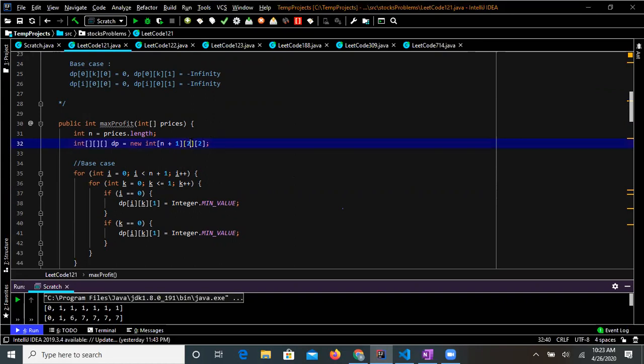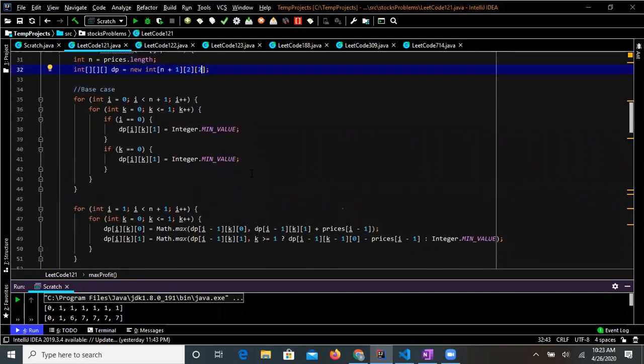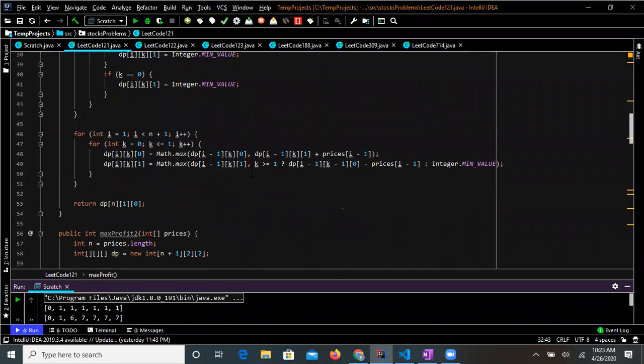And this one was k, so we can have either 0 or 1, so that's why it has two values. And this is our state, either 0 or 1. I can have a stock in hand or I cannot. Forget about the base case for now, I will go there. Just see, this is what we are doing. This is your recurrence relation.